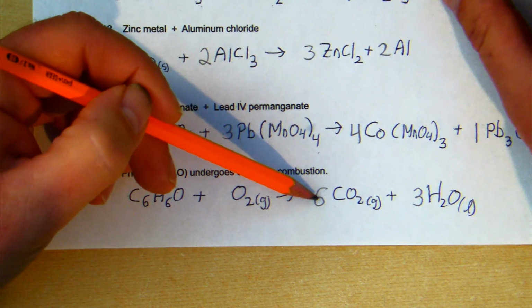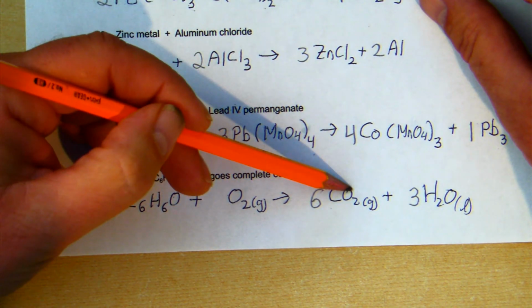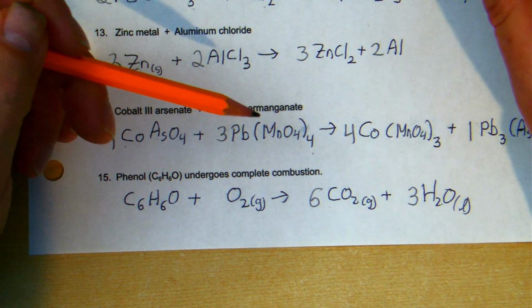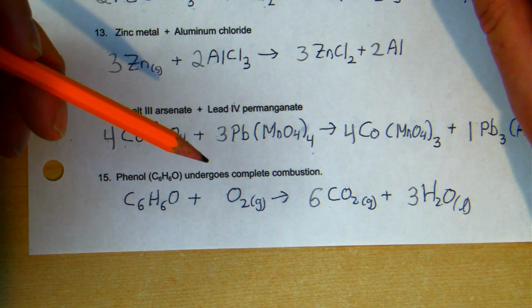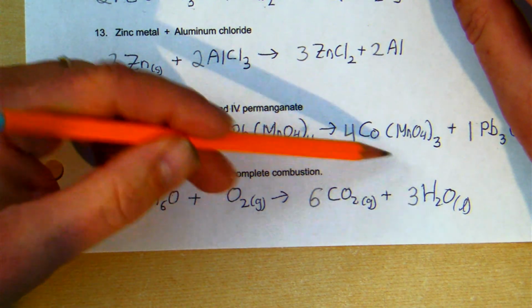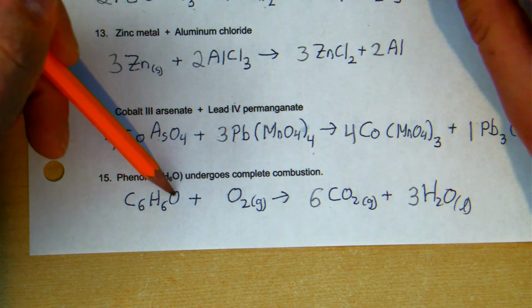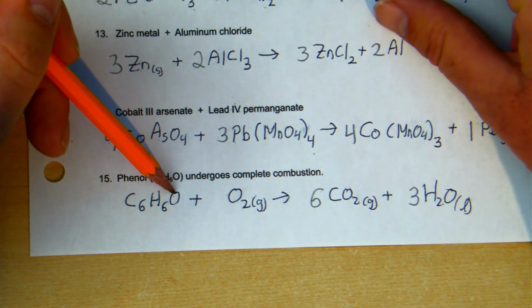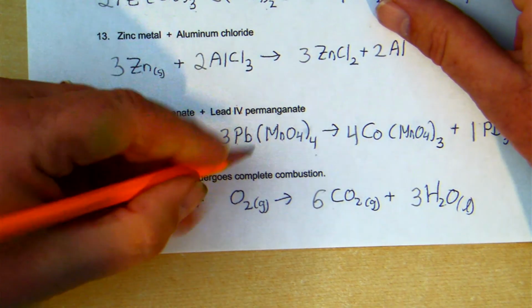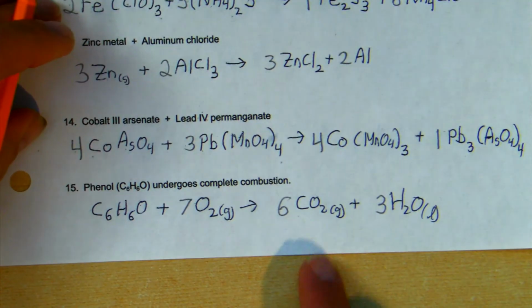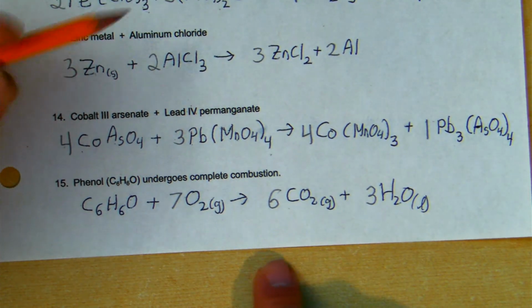On the right, I have 12 plus 3 is 15 oxygens on the right. So I want 15 oxygens on the left. Let's leave one of them here. And so now I want 14 more oxygens. 14 divided by 2 is 7. So I try a coefficient of 7 in front of the oxygen gas and do a final check.